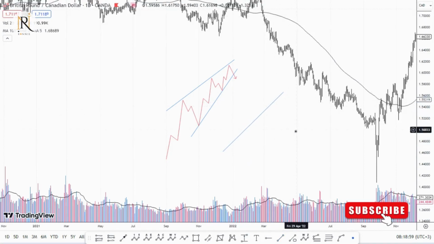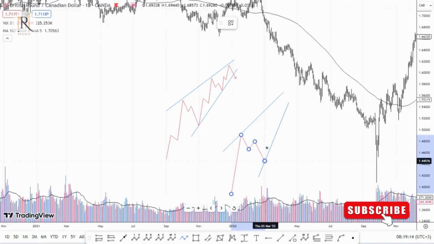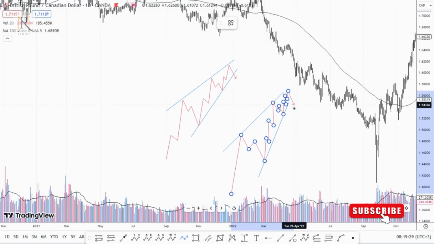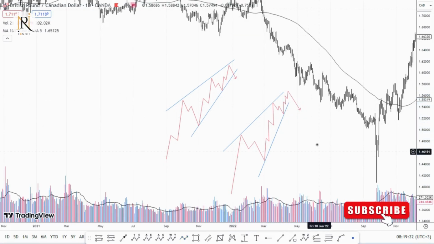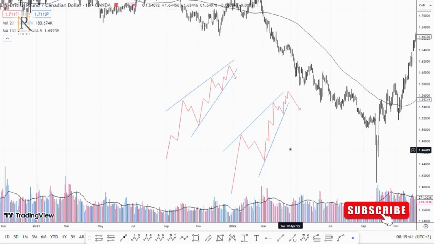Another type of wedge that you will likely see is the other one, that is 5, then 3, then 5, then 3, and finally 5. So we have 5-3, 5-3, and then 5, and now we break out.